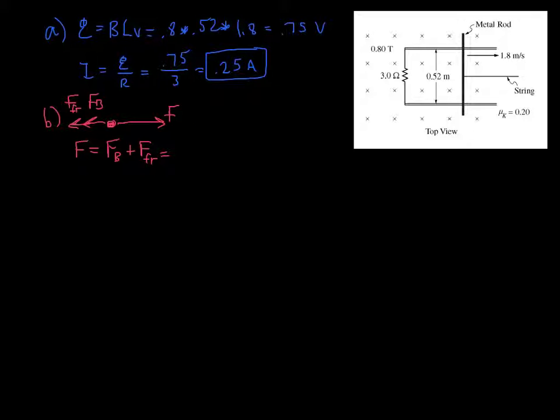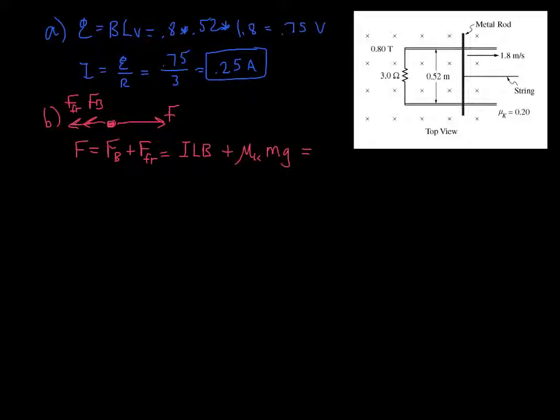The magnetic force is ILB, you can leave off the sine of theta because everything's perpendicular, plus the frictional force, which is mu k times the normal force, and in this case the normal force is just equal to the gravitational force, mg.